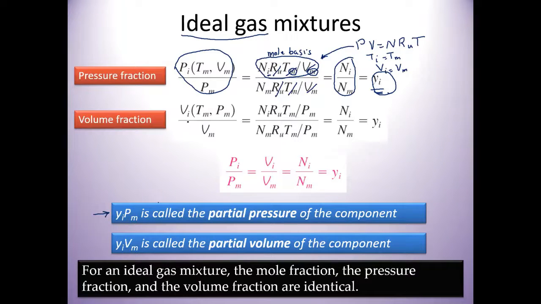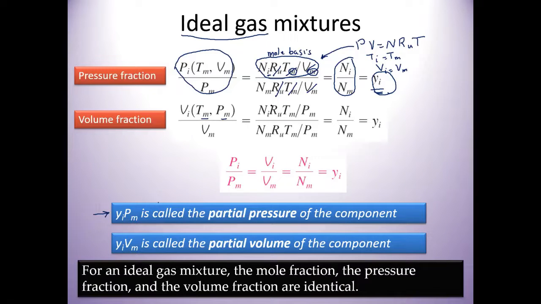We can do similarly, using the other law, and calculate the volume fraction by dividing the volume of the component at the mixture temperature and pressure by the volume of the mixture.